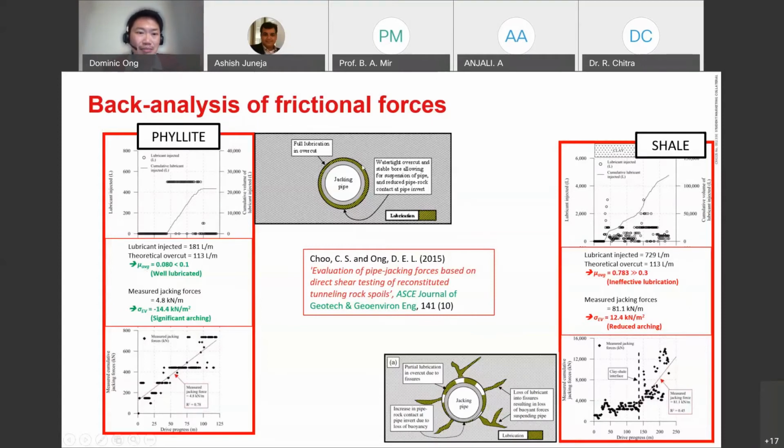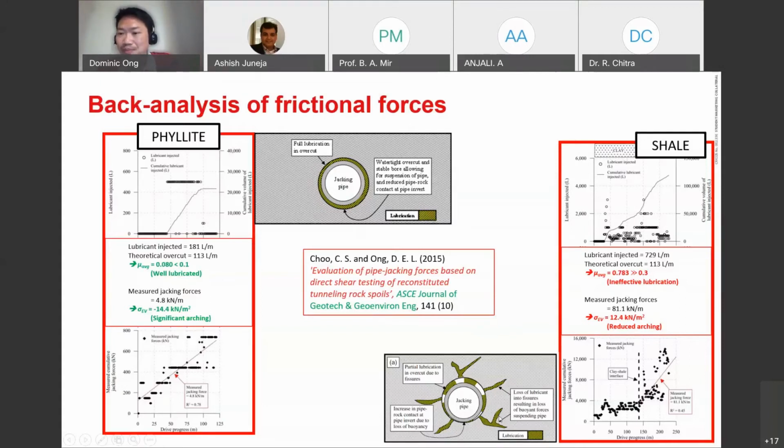On the other hand, a coefficient of friction of 0.783 in this particular case for shell, which is much greater than 0.3, shows ineffective lubrication. That's how we coined these two figures. One is almost watertight, represented by phyllite, and the other is in other geology that has fissures that allow losses of lubricant through them.